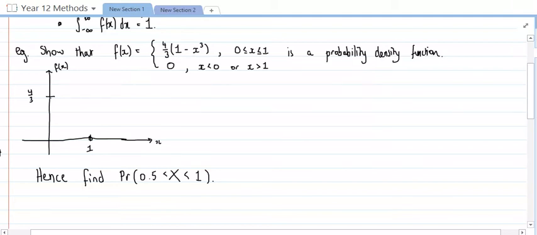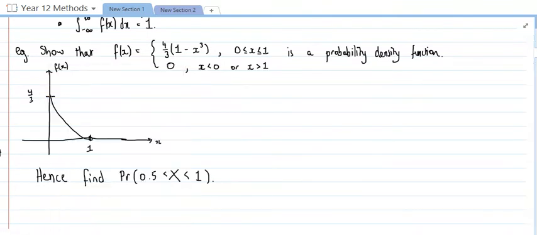I'm just doing this to get an idea of what the graph looks like. And that's a negative x cubed, so it's going to come down like that, not going below the x-axis obviously. And we've got the endpoints there and just there as well, which should be completely coloured in.